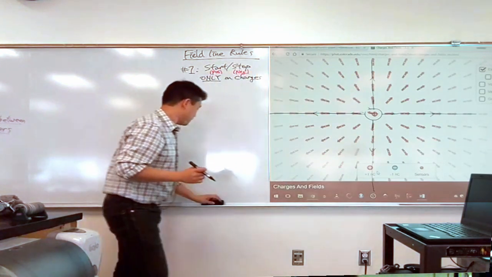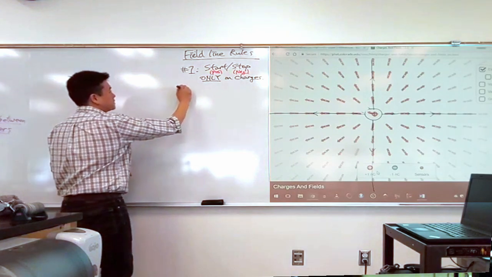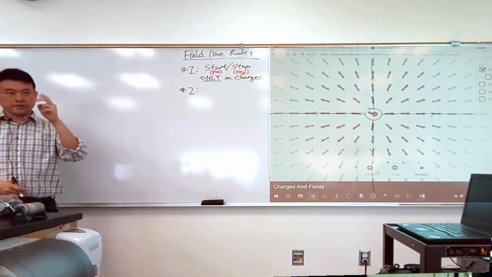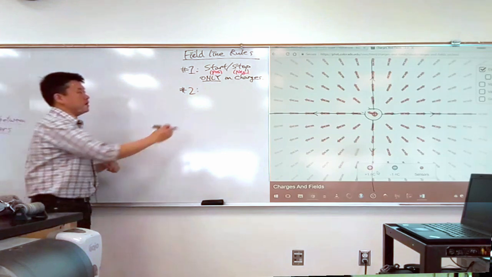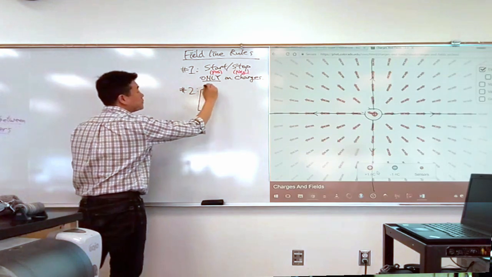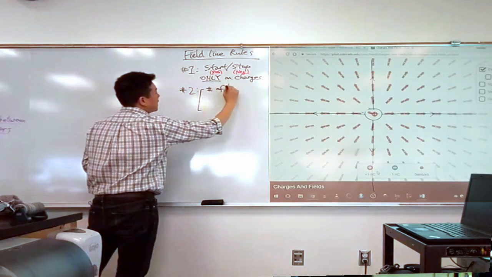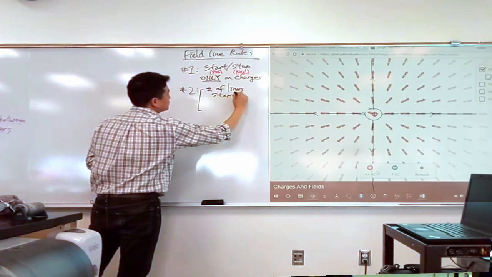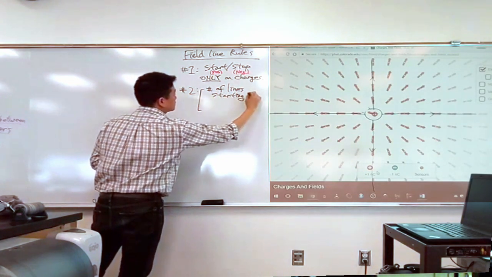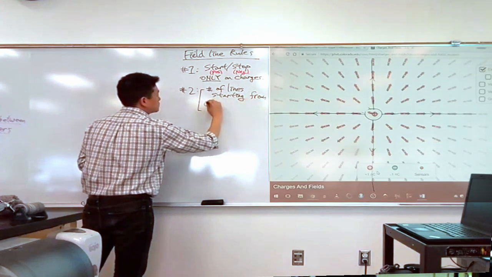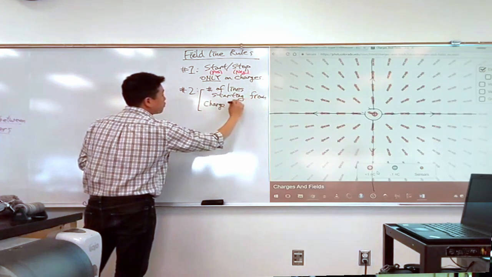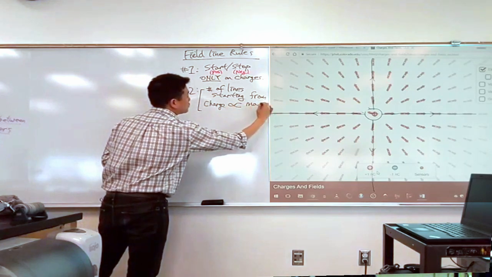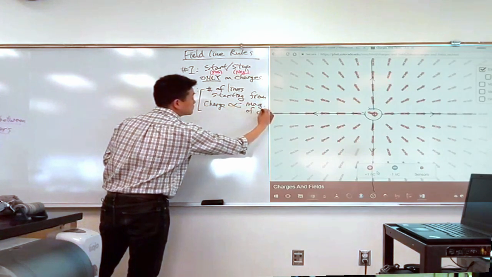So the second rule, you can state it in two different ways. You could say the number of lines starting from a charge is proportional to the magnitude of the charge.